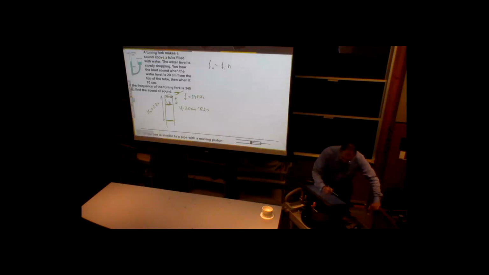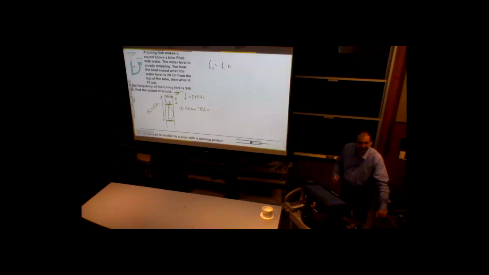What's next? Well, it should be another antinode and another node. And what should the distance between these two nodes be equal to?